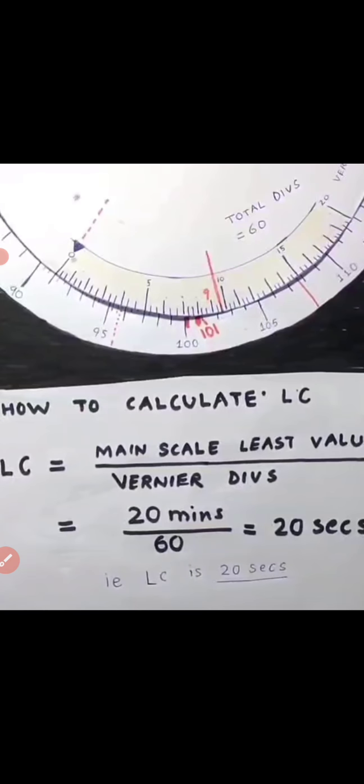Since 1 minute is 60 seconds, 20 into 60 divided by 60, you will get 20 seconds. So that is the least count of the theodolite. Okay, so that is how we read the horizontal angle of a theodolite.